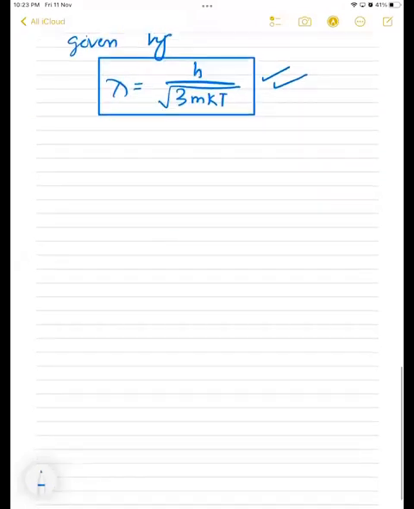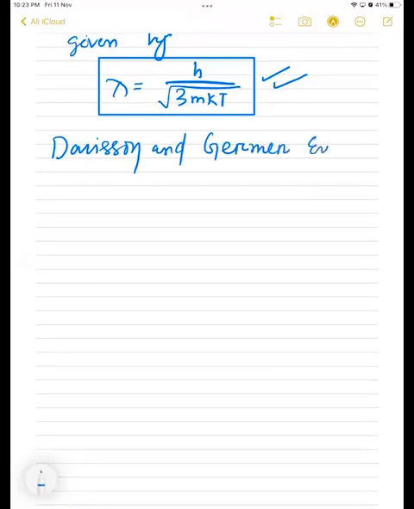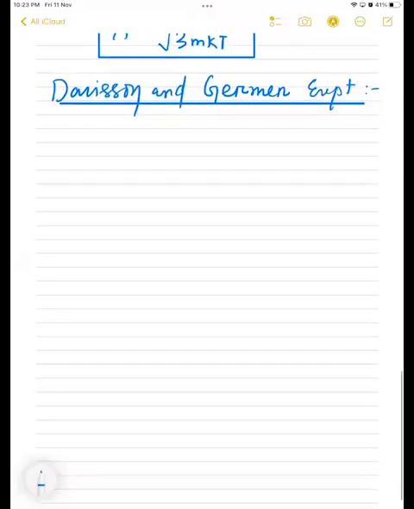And next is Davisson and Germer experiment, right? What it says, it is only meant to study the wave nature of electrons, है कि नहीं? Suggested by de Broglie, है कि नहीं?